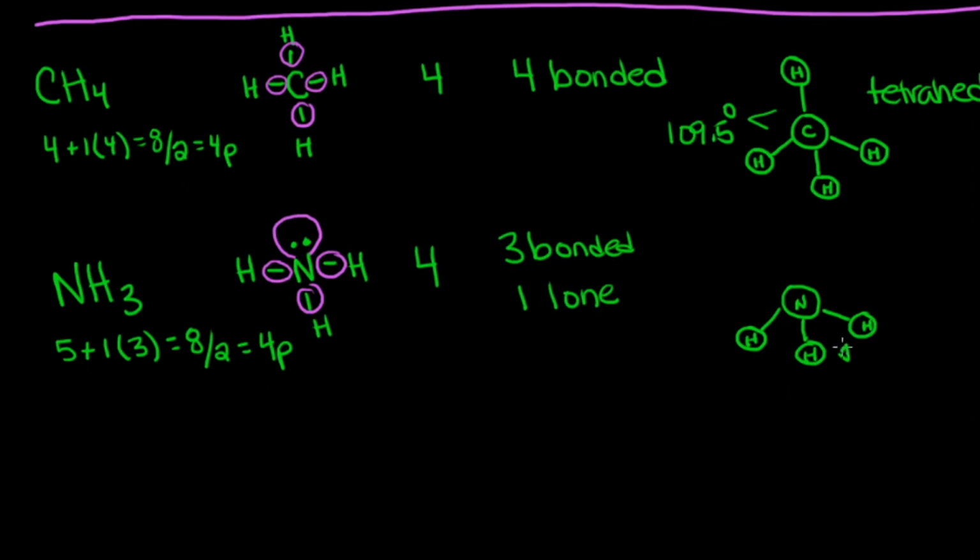And my bond angle is now a little less than 109.5 degrees versus this bond angle, both up here, remember it's symmetrical, and down here, 109.5 degrees. It's going to be less than in this molecule. And that's because that lone pair is taking up more space than the bonded pairs do.